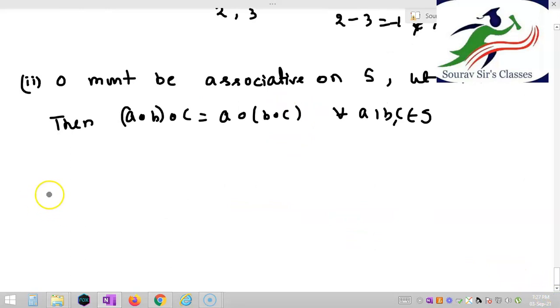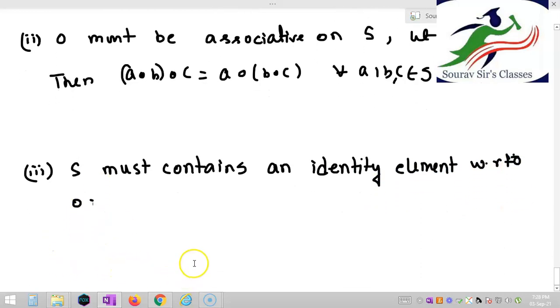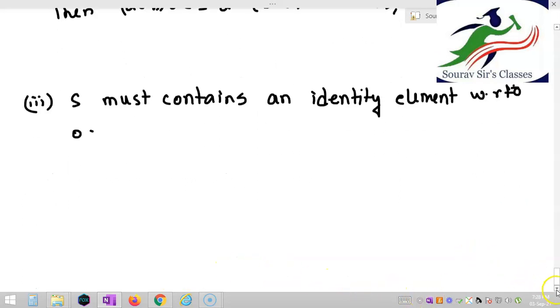Let us discuss the third property. This S must contain an identity element with respect to this composition. What is meant by an identity element?